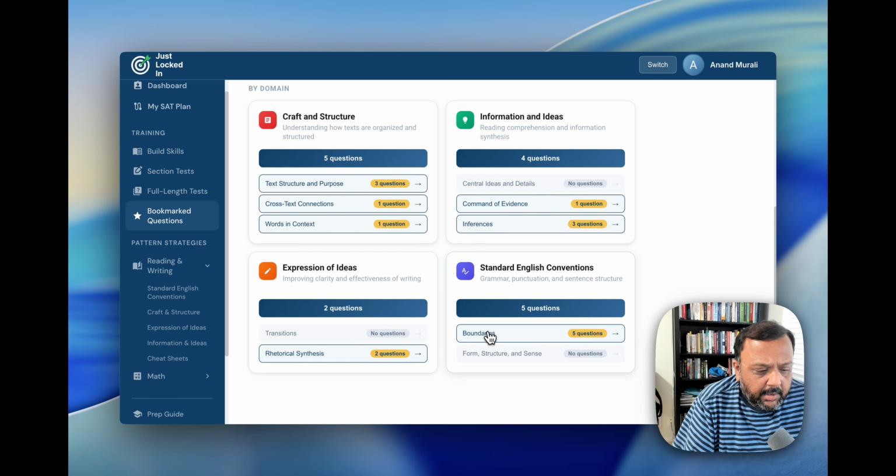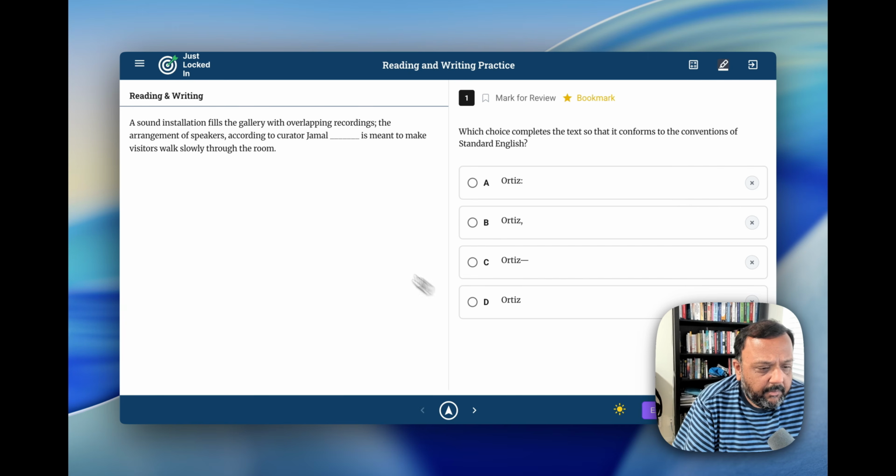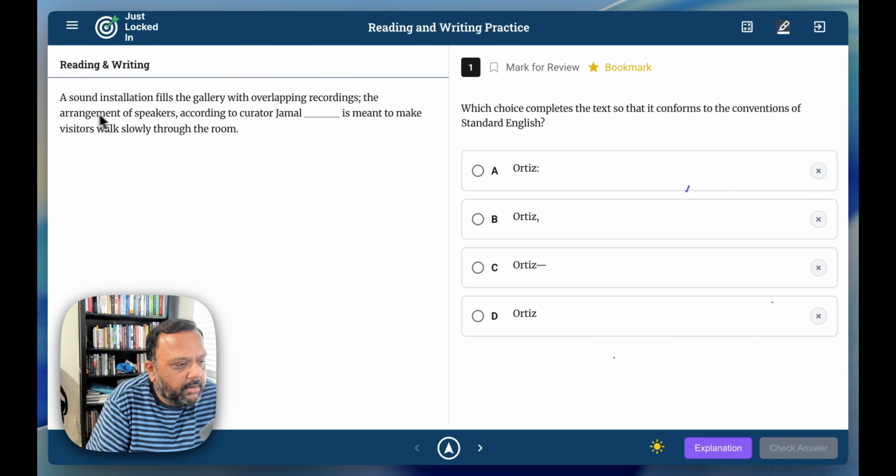All right. So we're going to go to Boundaries, and we're going to solve some problems. Let's look at this question. A sound installation fills the gallery with overlapping recordings. The arrangement of speakers, according to curator Jamal Ortiz, is meant to make visitors walk slowly through the room. So the sentence is: the arrangement of speakers is meant to make visitors walk slowly through the room.